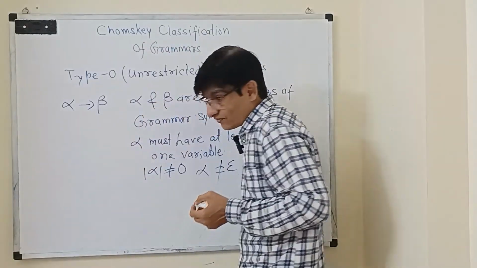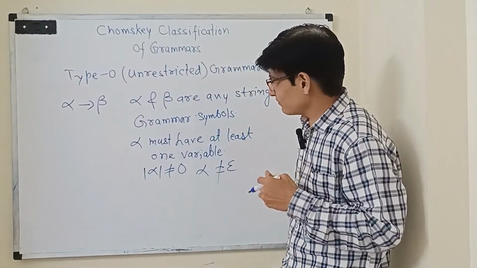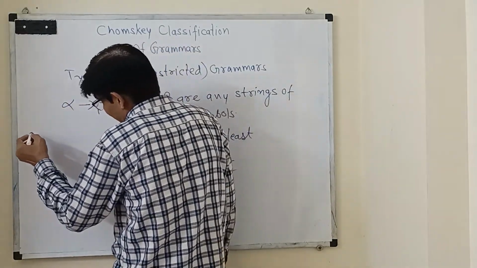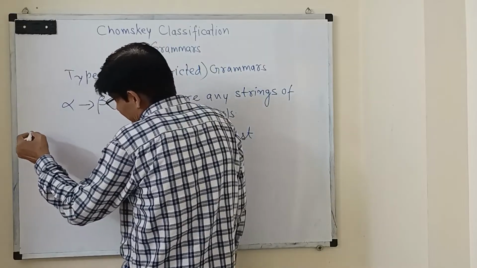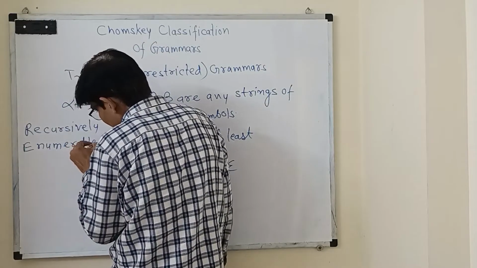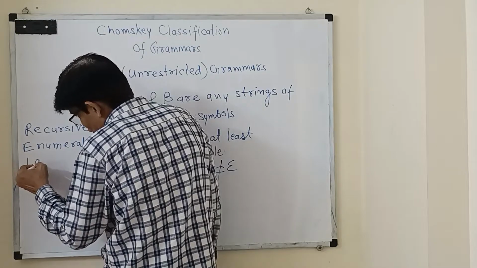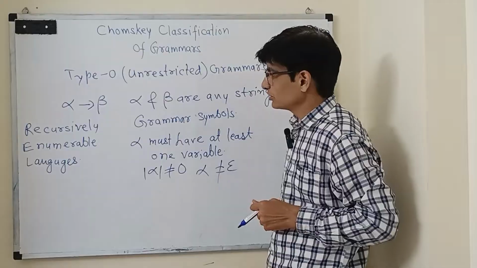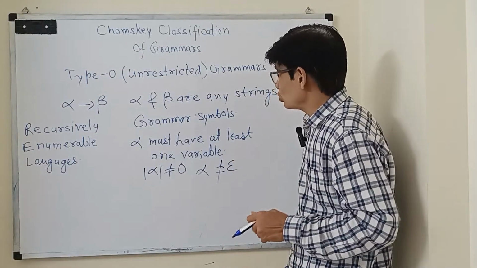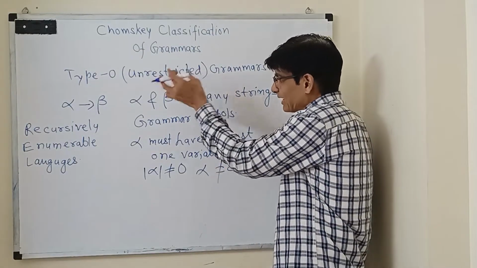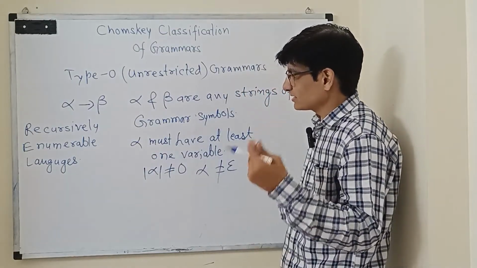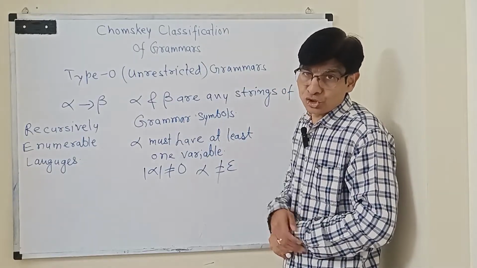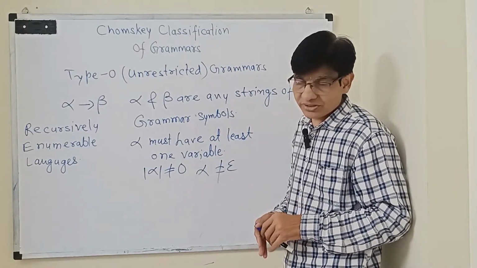Now, what kind of language does this type of grammar generate? Type 0 grammar or unrestricted grammar generates the class of languages called recursively enumerable languages. So these languages are generated by unrestricted grammar. Now, some mathematical model must be there to implement all these grammars on a computer system.